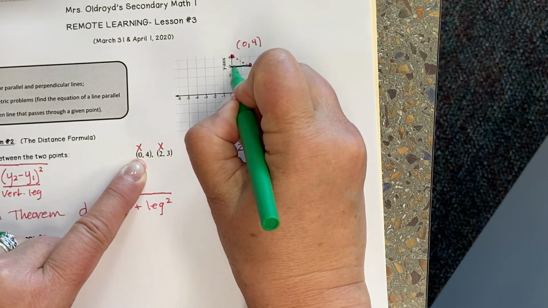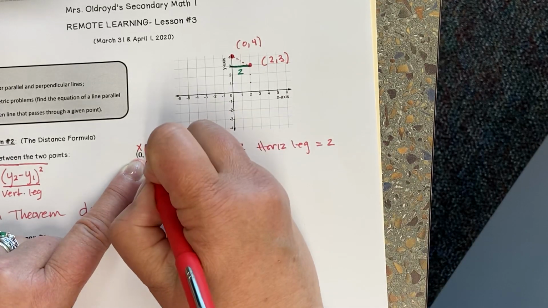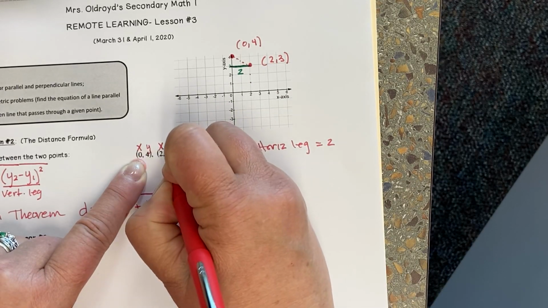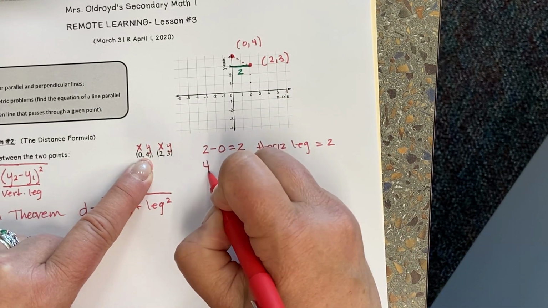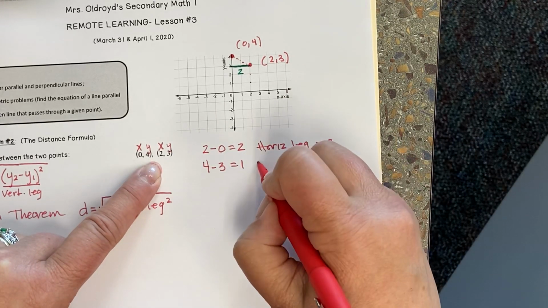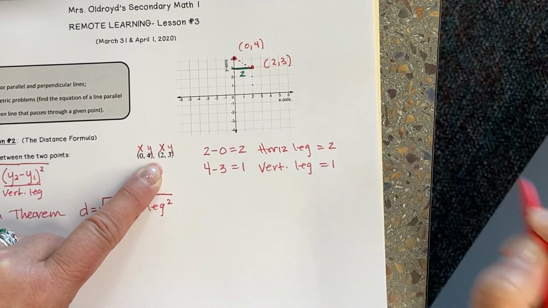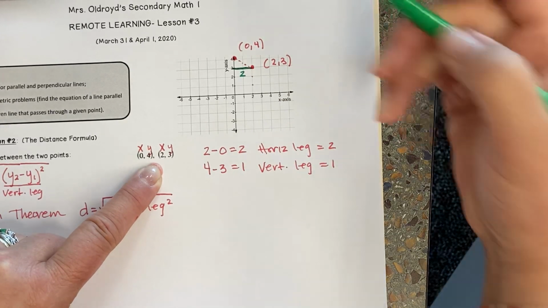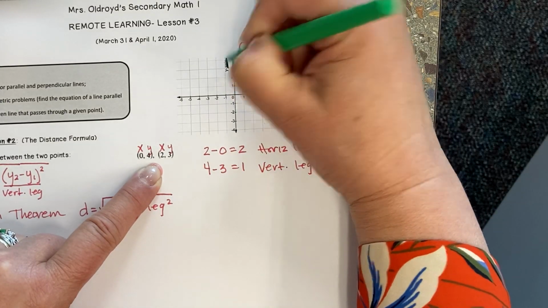If you make the horizontal leg, you can see that it just goes 2 squares. Okay, let's do the vertical leg. We're going to take our 2 y values, the big one minus the small one. 4 minus 3 equals a 1. So our vertical leg equals 1. And if you were to draw that up there, you can see the vertical leg really is a 1.